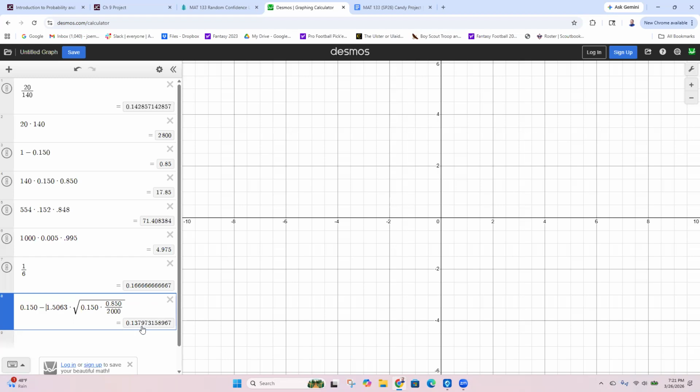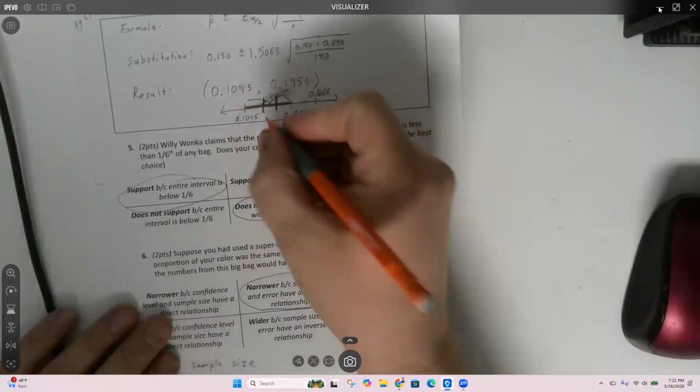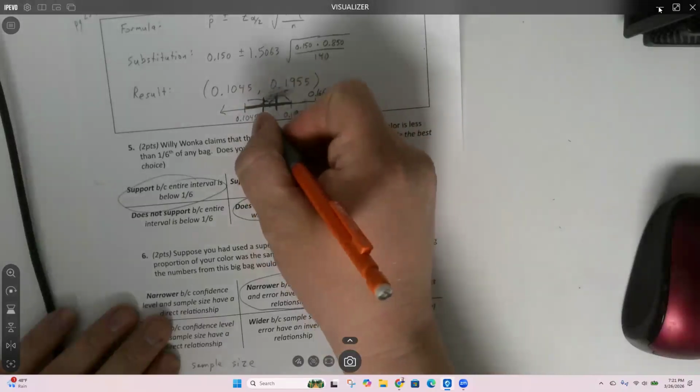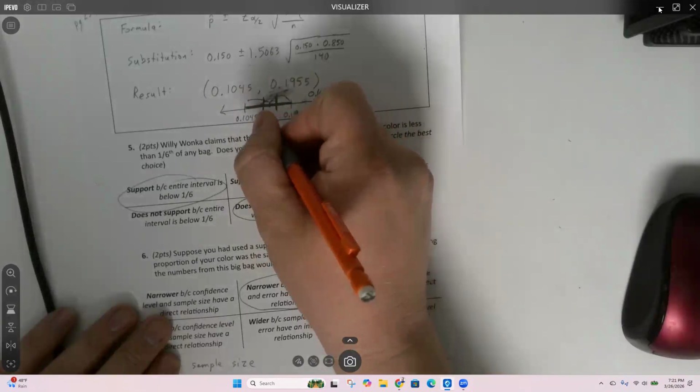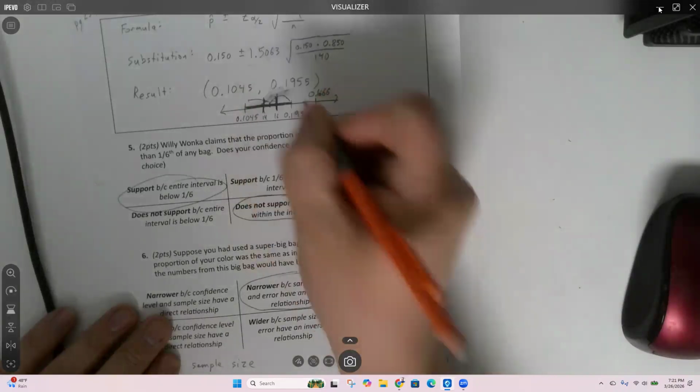So instead of looking from 10 to 19, which is really wide, I'm only going to get a confidence interval between 14% and 16%. So that is much narrower.